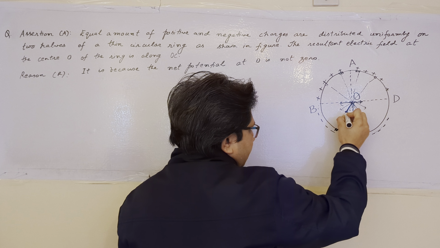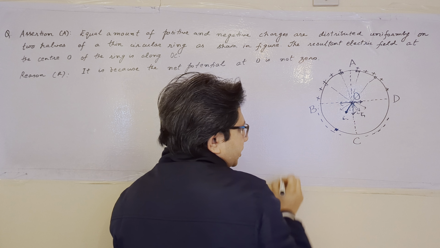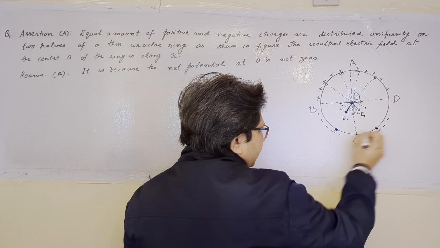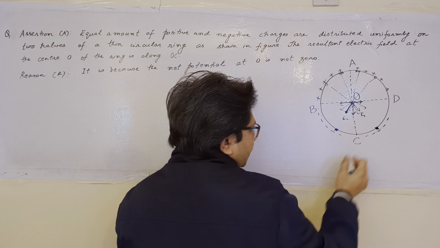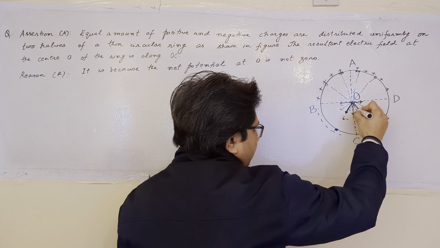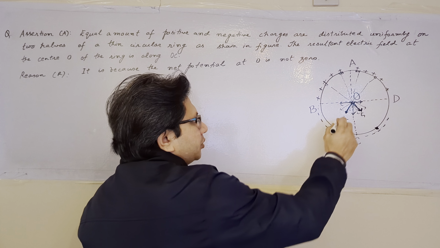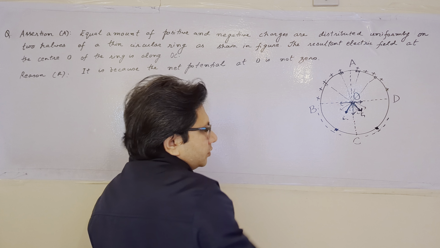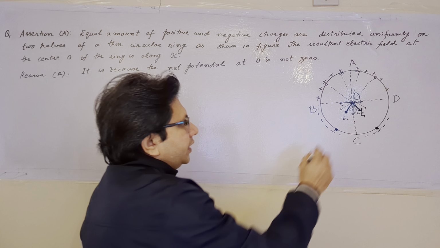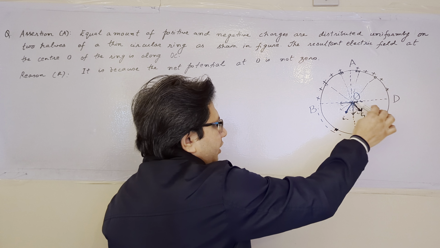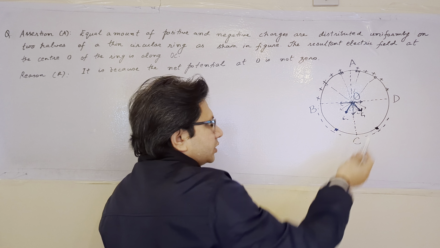So this is the direction of the electric field due to this small segment. Similarly, if we take a mirror image of this charge segment, the field is along this direction and equal in magnitude, and the net is along OC, because the components along OB and OD cancel out.